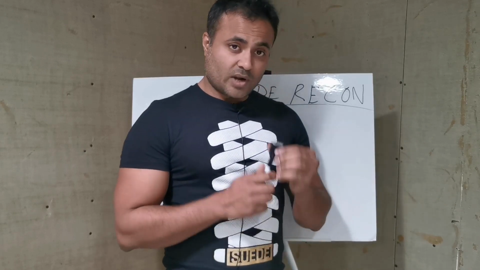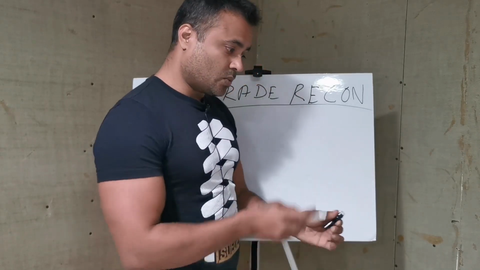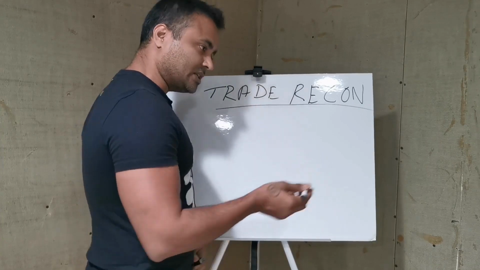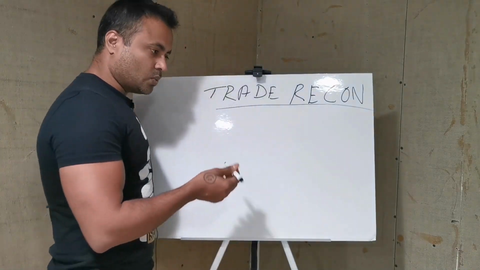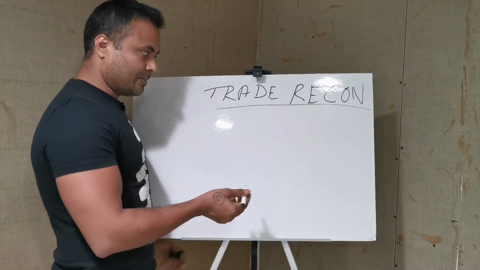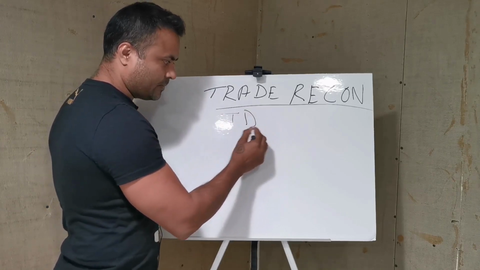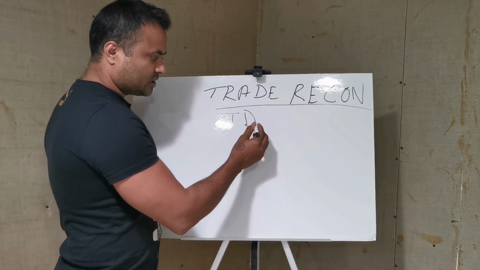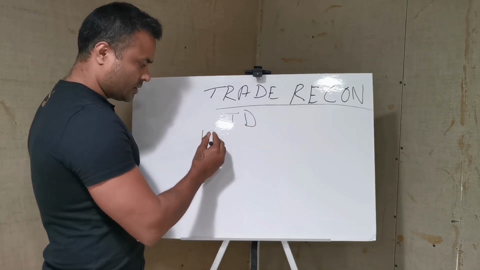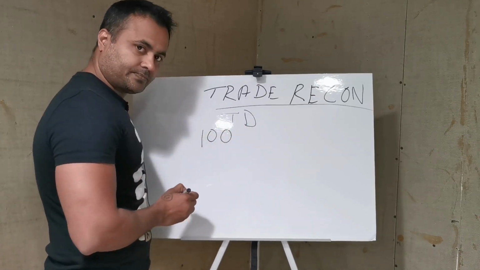So now, trade reconciliation. What happens when a trade settles? For example, on trade date, which I call TD, the trade was executed for 100 shares.